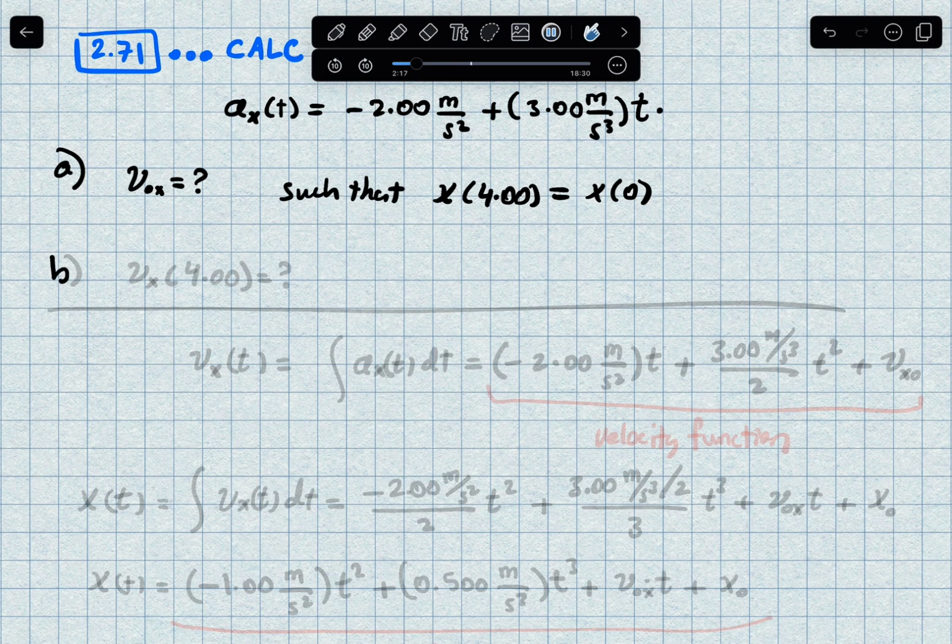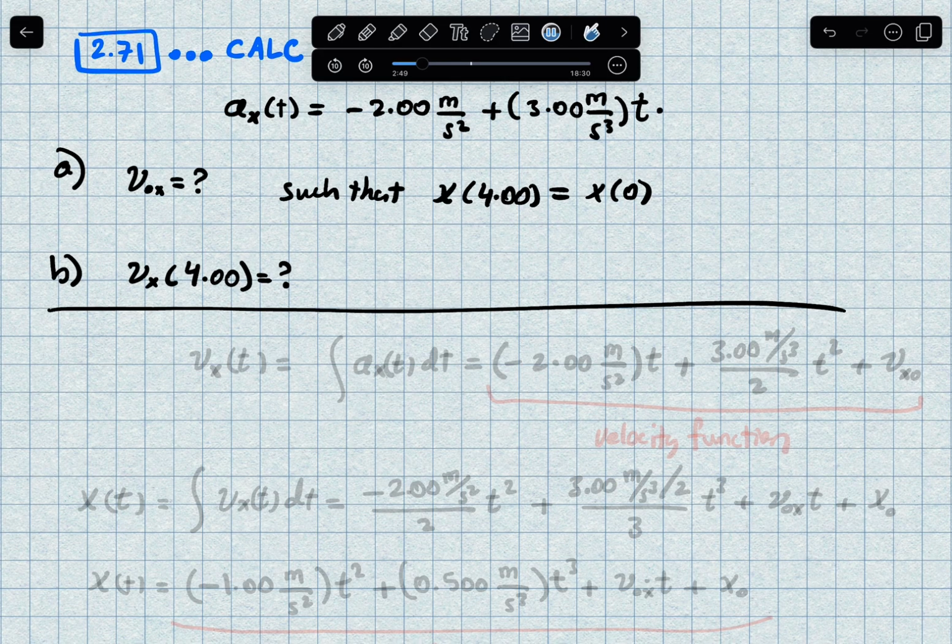The second request: what will be the velocity at time 4 seconds? All right, so let me think.